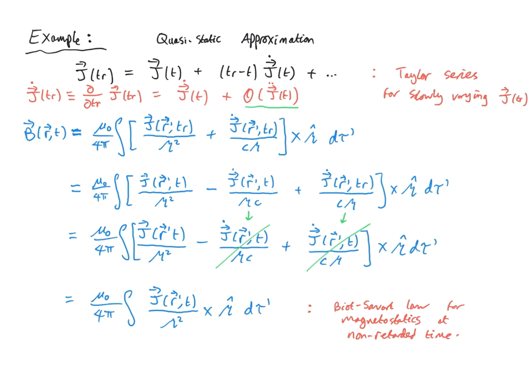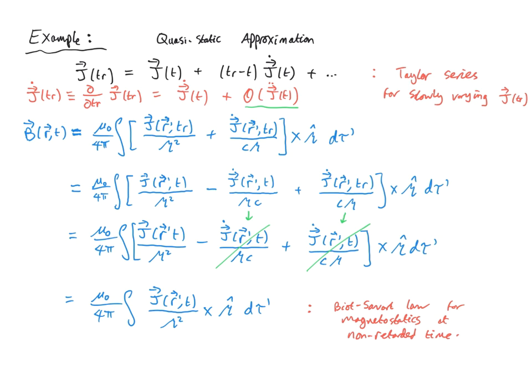And if the currents are varying slowly, what we've proved here is that those two errors cancel out. We can neglect the higher order terms in the expansion of J, and we can also just use the current time rather than the retarded time. And making those two changes together restores the Biot-Savart law for magnetostatics, and the two errors cancel out.